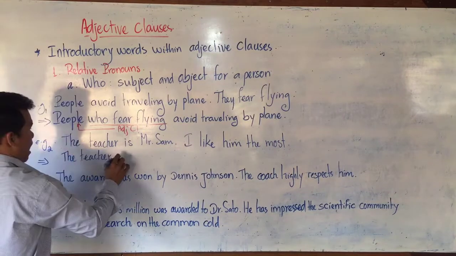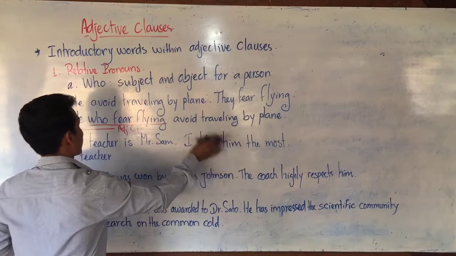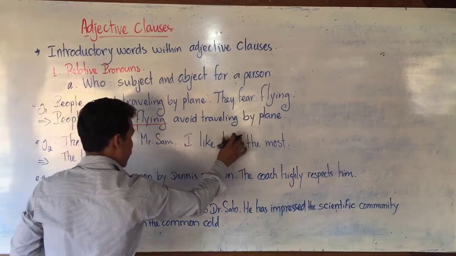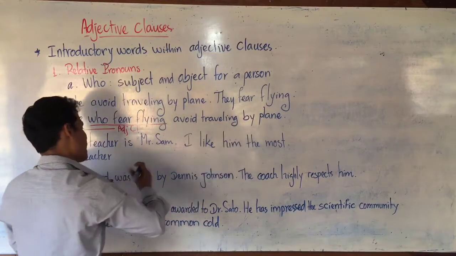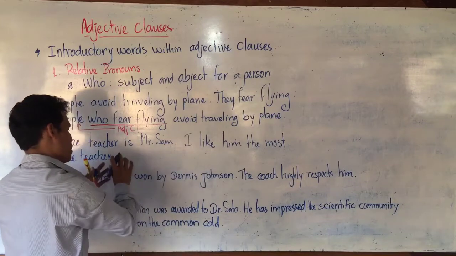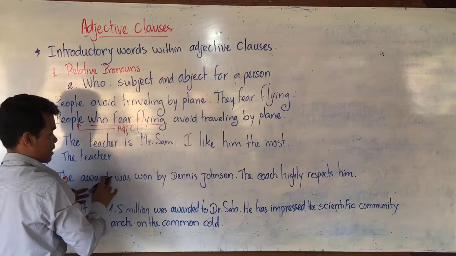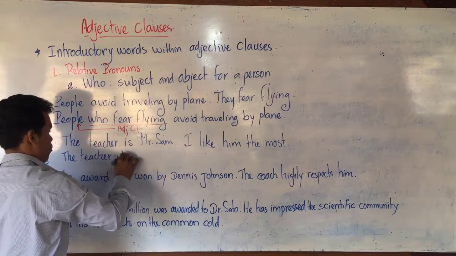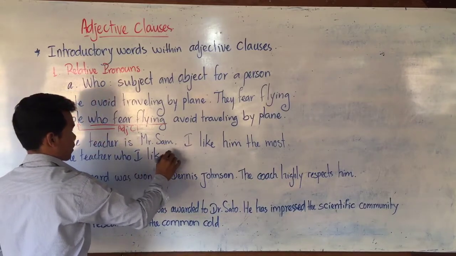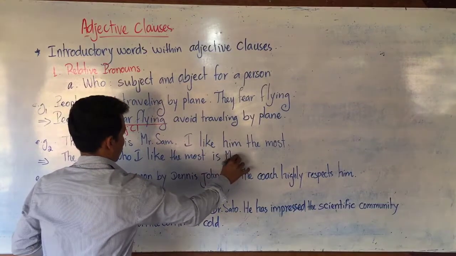In "I like him", when we use him, we use the relative pronoun who. But we cannot put who here. When we combine it into a complex sentence, a relative pronoun must stand close to, or next to, the antecedent. So we use: the teacher who I like the most is Mr. Sam.